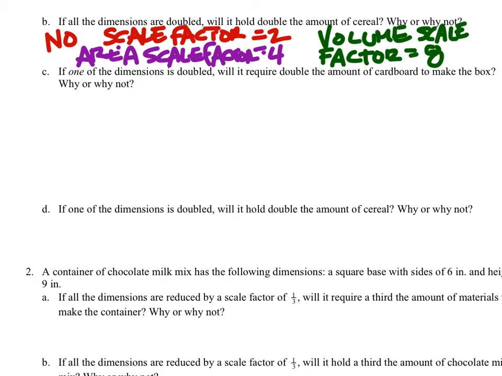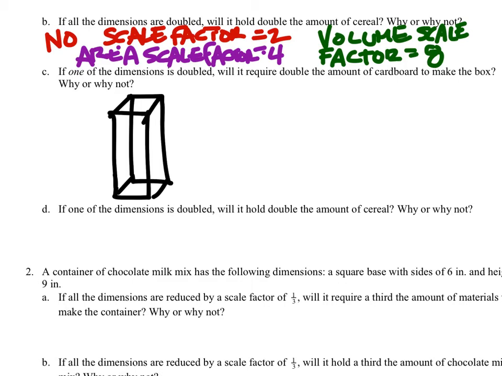So here's the problem with doubling one dimension of this: it doesn't double the amount of cardboard we need. If I took the box and doubled this length, now we have a box something like this.